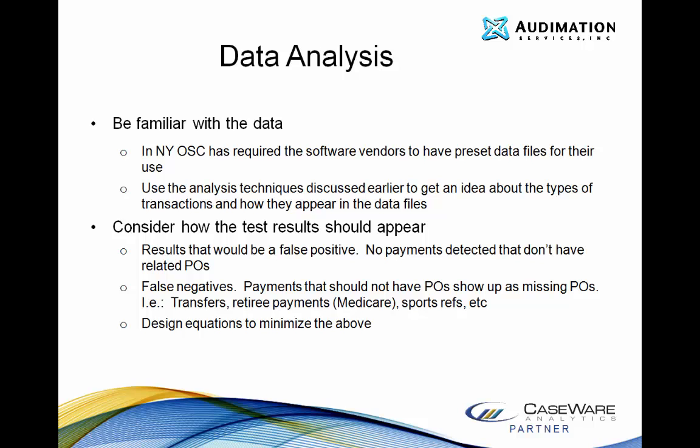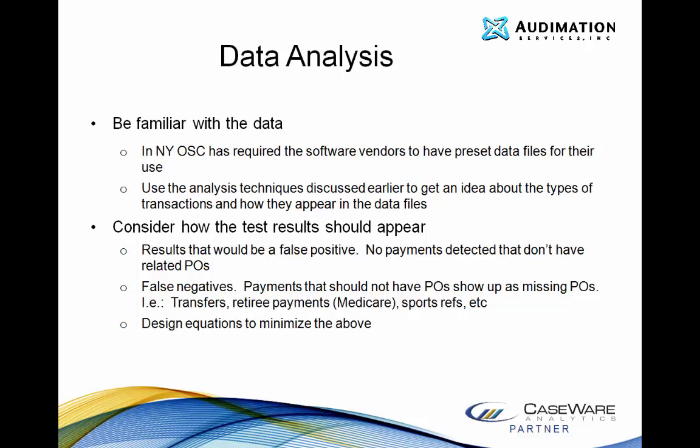So you need to know their system well, and you need to know what kinds of payments are subject to PO. And that's stuff you would talk to the purchasing agent about when you're doing your interview with them. And you'd also use some common sense to make sure what they're telling you makes sense in that area.